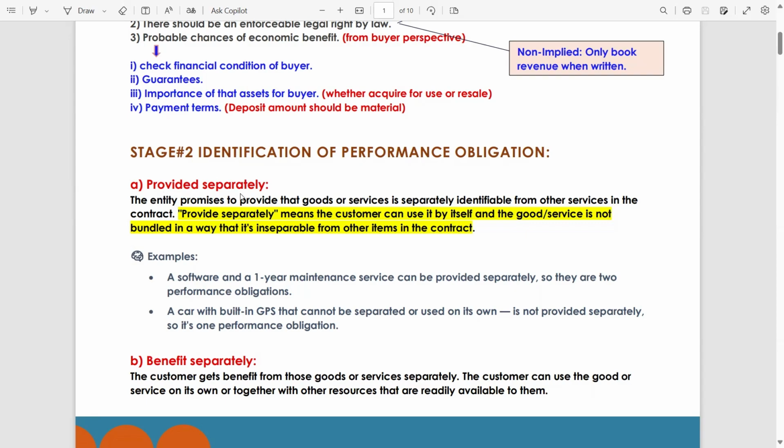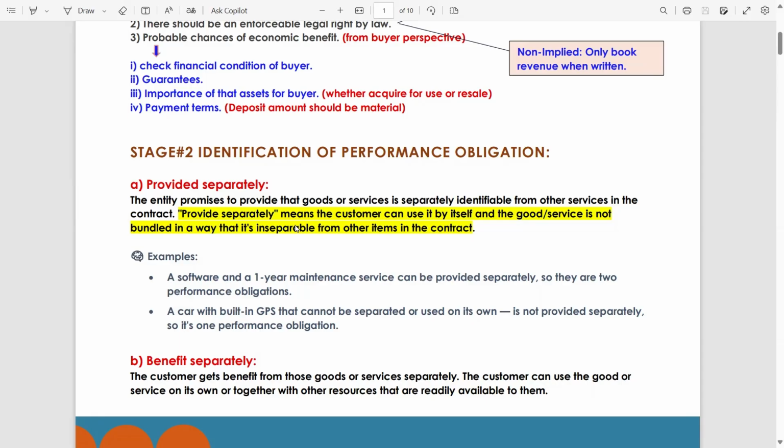What is meant by provided separately? The goods or services the entity promises to provide are separately identifiable from other services in the contract. It means the entity offers a bundle of goods and services.